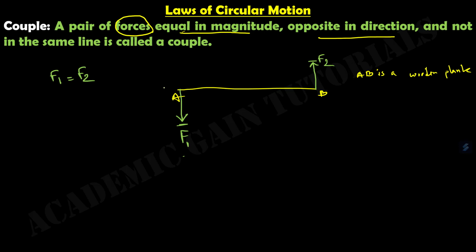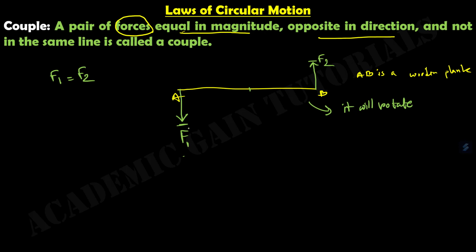Though these forces are in opposite directions, they are not acting at the same point, they act on different points, point A and point B. So the wooden plank will rotate.